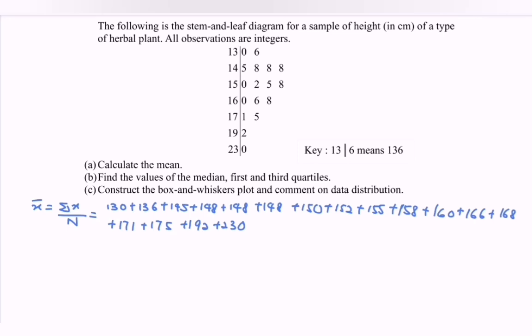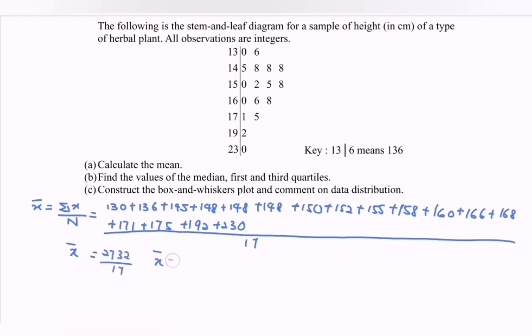So sum up all the situation and then divide by 17. So here we will have mean, which is equals to 2732 over the 17. So the mean will be 160.7058. Round up the situation. So we will have 161 because of three significant figures.